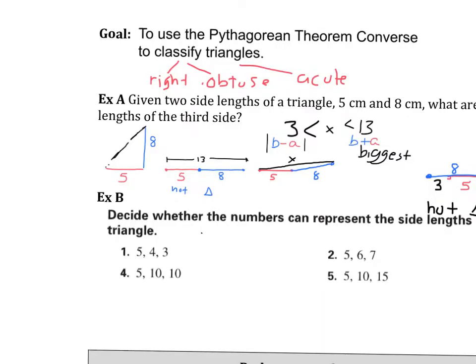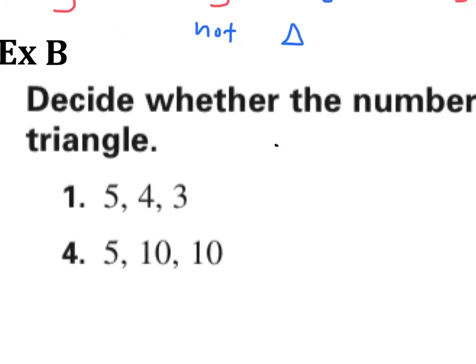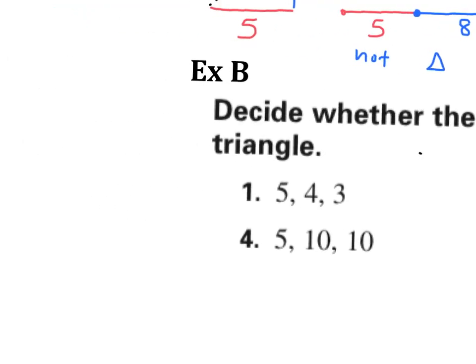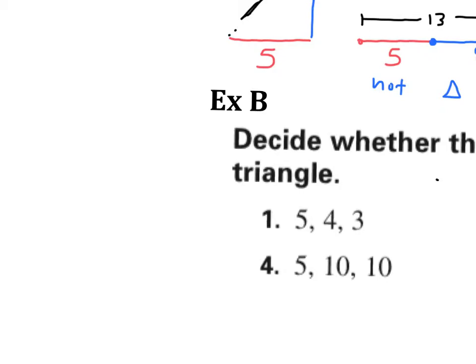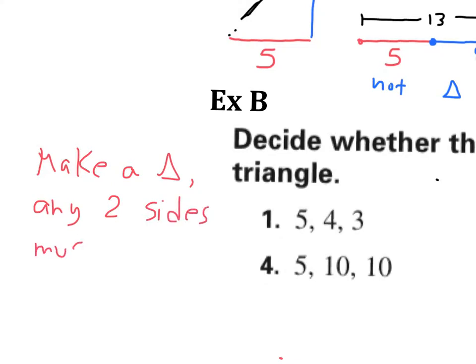Let's take a gander at this example right here. We're just going to decide if these ones form a triangle. Here's what we have to conclude. In order to make a triangle, any two sides must sum to be greater than the third.